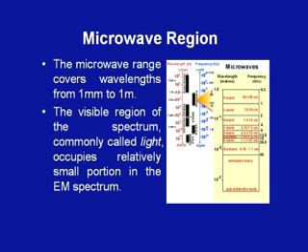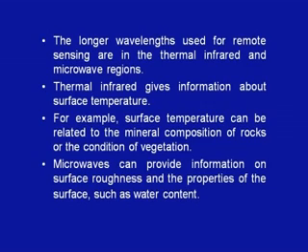Another region important to remote sensing is the microwave region. The microwave region covers wavelengths from 1 millimeter to 1 meter. The visible region of the spectrum, commonly known as light, occupies a relatively small portion of the electromagnetic spectrum. The longer wavelengths used for remote sensing are in the thermal infrared and microwave regions.